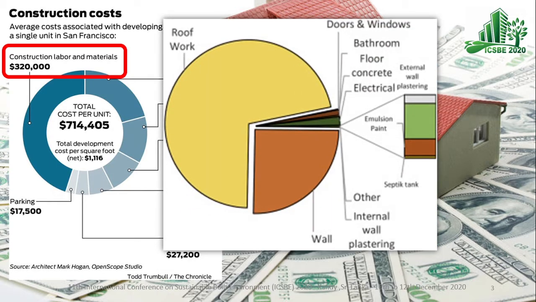Going further down the component cost share of construction of a house, the second most is wall construction.